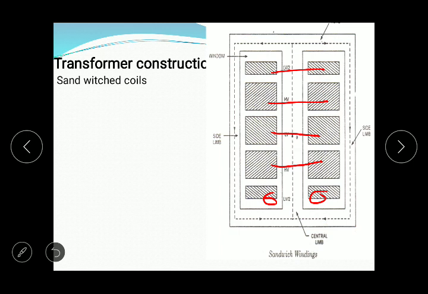So one by one, step by step, it is sandwiched, wound one upon one, HV upon LV, LV upon HV. This is called sandwich coil.